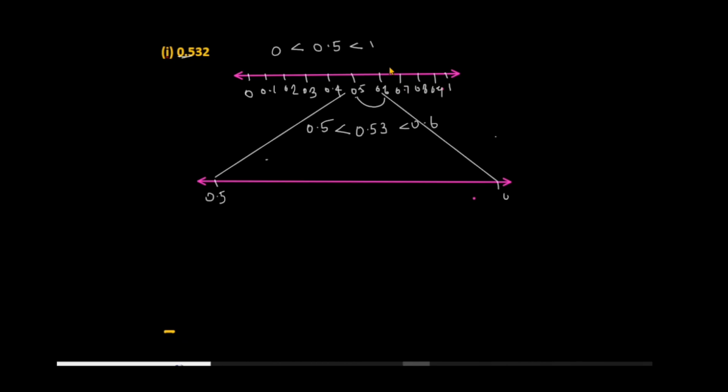This is nothing but 0.6, that is 0.60. Now 10 equal parts. 1, 2, 3, 4, 5, 6, 7, 8, 9. So what is this? 0.51, 0.52. This is 0.53, 0.54.